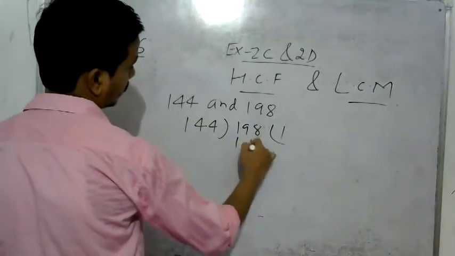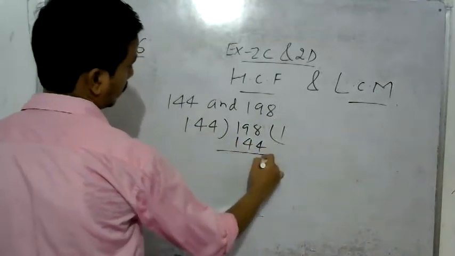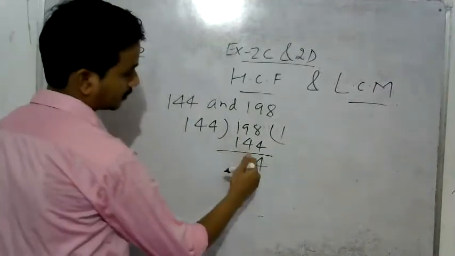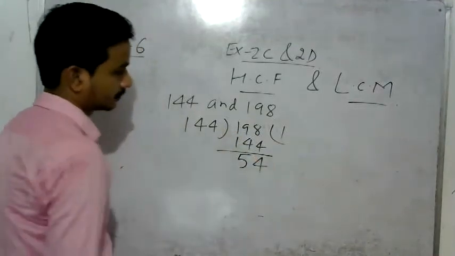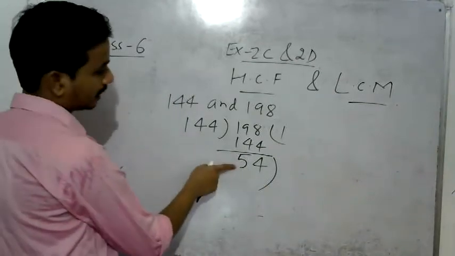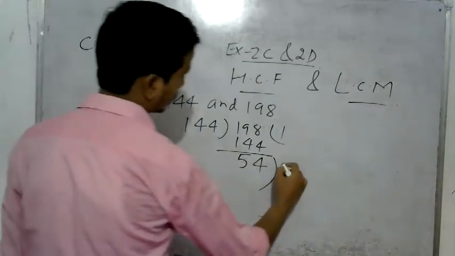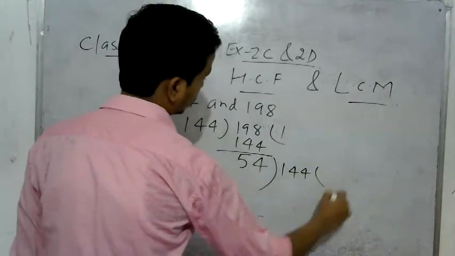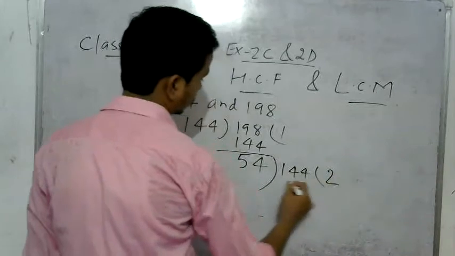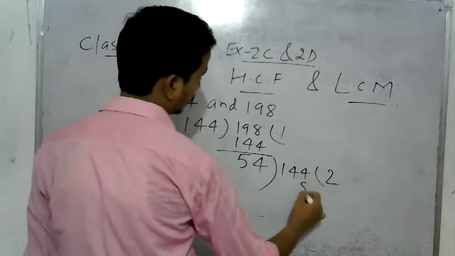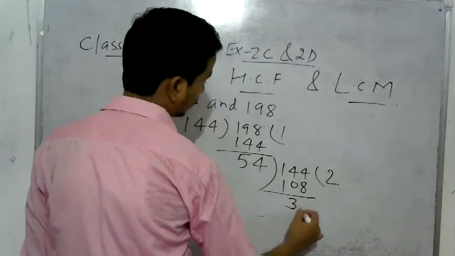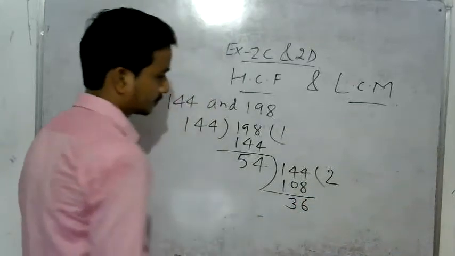How many times? 1 times 144 is 144, and 198 minus 144 is 54. Again, divide the previous divisor by this remainder. 144 divided by 54, how many times? 2 times. 2 fours are 8, 2 fives are 10, leaving 36.